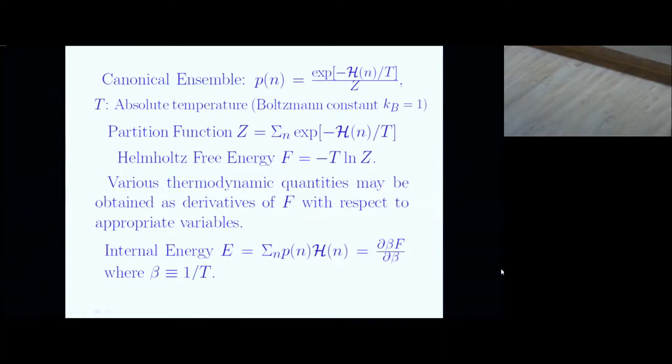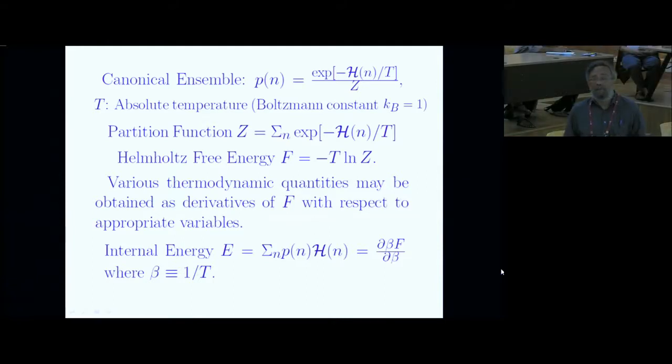In a combinatorial system, there's no obvious definition of a temperature. But if you are thinking in terms of, let's say, a collection of bistable elements which are connected to each other and undergo their dynamics, then this temperature can be thought of as something to do with noise.